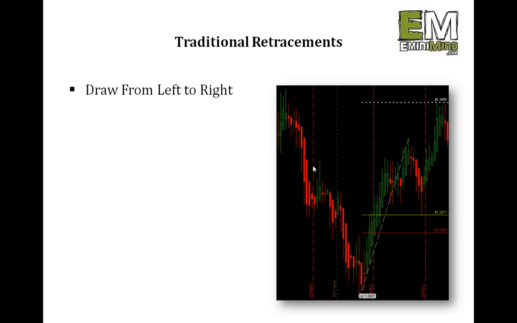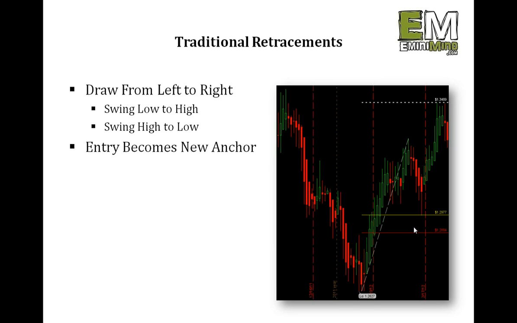And then again, from a high to a low, and noted in the picture here, we're starting from the left, going low to high. But you always want to go from left to right. And you always want to go from some sort of significant swing low or high, or swing high to low. So I like to start on the larger time frames, and then drill down to the smaller time frames.